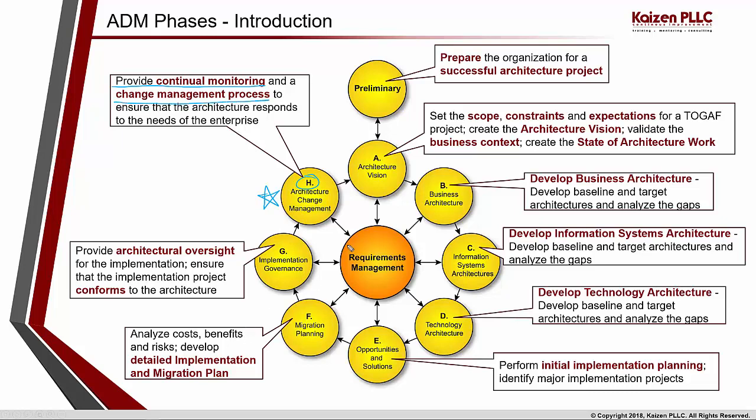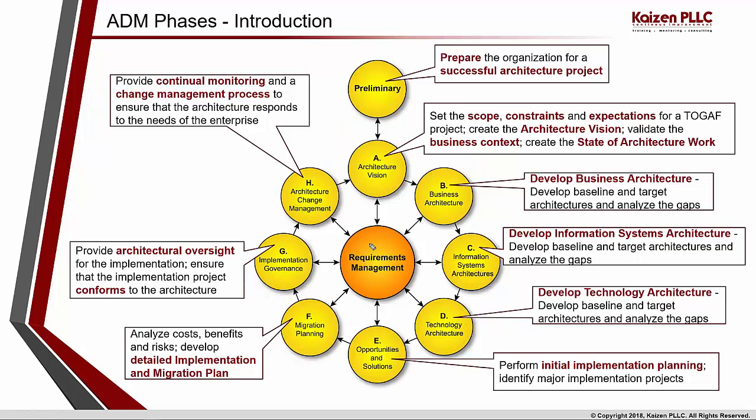Any change from requirement scope, from the vision perspective, from the domains perspective, from planning, implementation are routed through the architecture change management, and the governance which is established here is brought into action, and they make the decision whether to include it or exclude it. Okay, whether they have to approve it or not approve it, or they want to take it into consideration in the future releases of the projects.